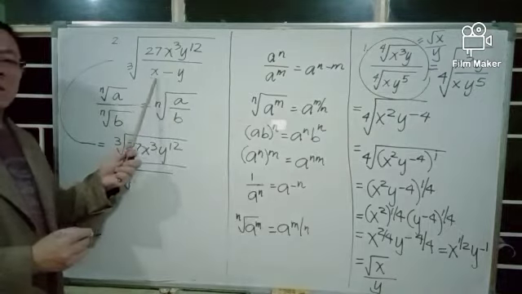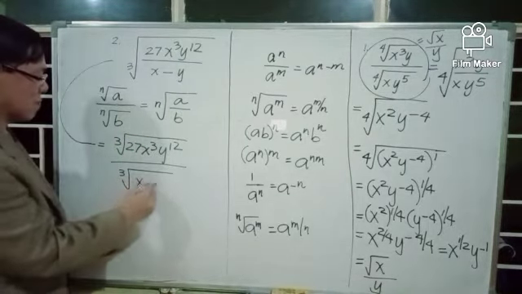Our b is x minus y in the given radical expression.